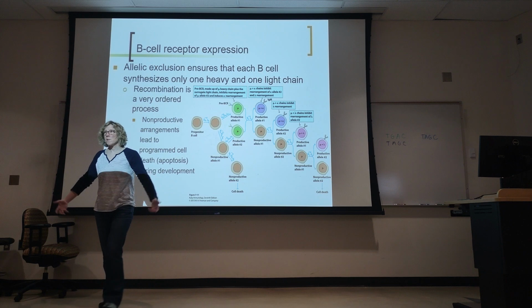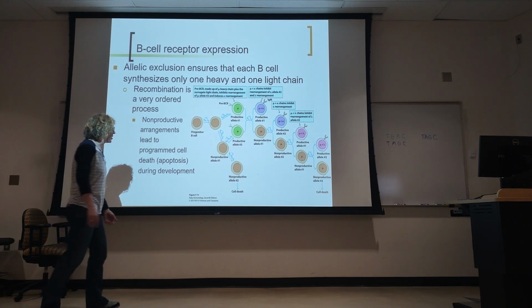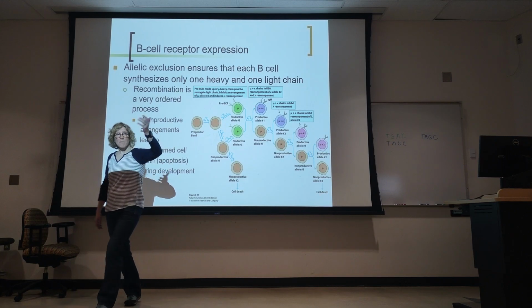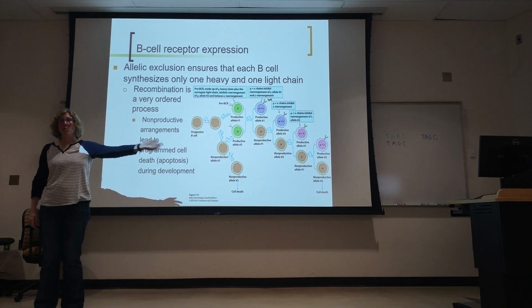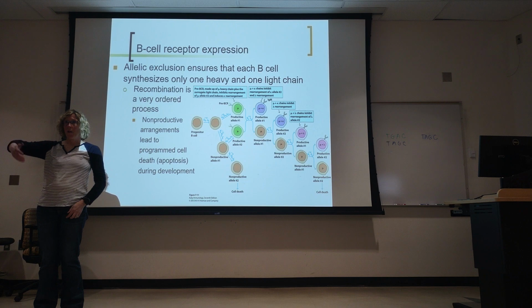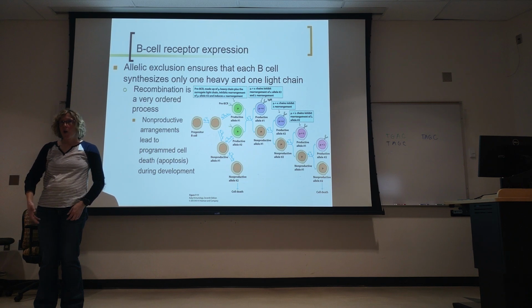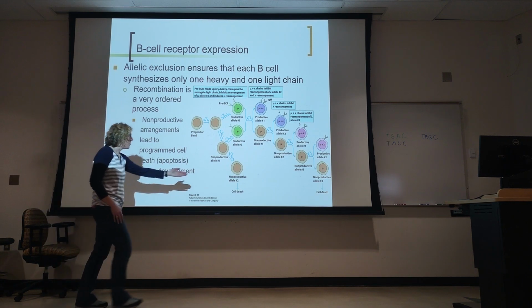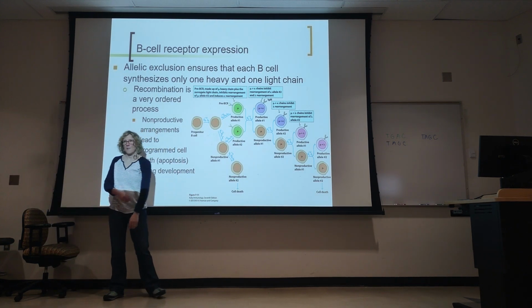Then we went to mom's, we tried to rearrange, and it was non-productive again. So if we try to rearrange mom's heavy chain and it doesn't work, we can go to dad's heavy chain. But if dad's heavy chain doesn't work, we're out of heavy chains, we're out of chromosomal information to rearrange. We will be forced to undergo apoptosis.